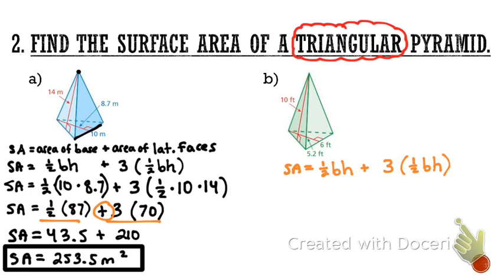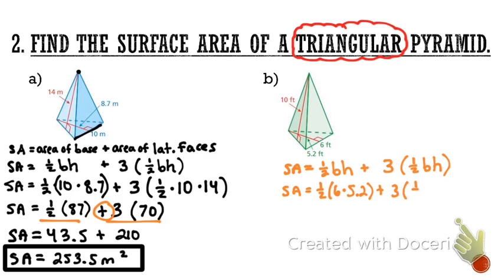All right, hopefully you got time to try this on your own. Starting at the base, always start with the base first. Half times, you can see the base down here is 6 feet. So we're going to be multiplying 6 times, and then the height, you can see, is pointing toward the bottom base down here, so 5.2.